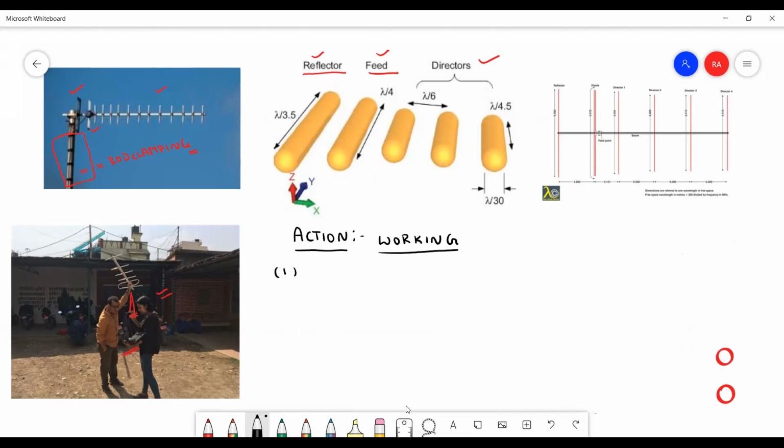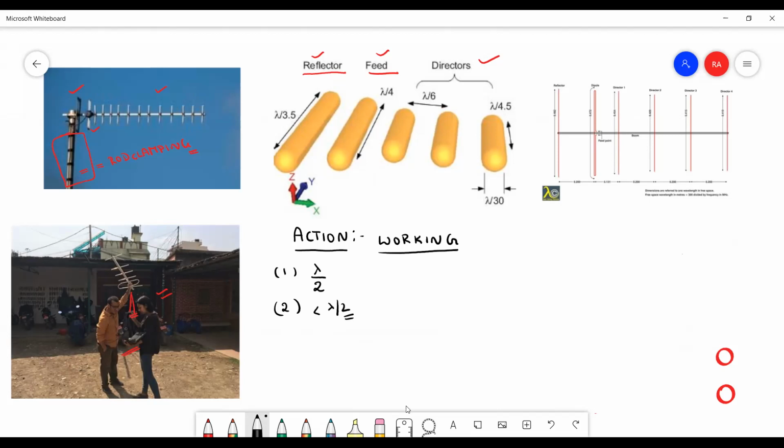A parasitic element of length equal to or greater than lambda by 2 will lag, hence the phase of the currents in the former case will lag the induced voltage, whereas in the latter case they will lead the induced voltage. So with proper spacing, dipoles shorter than lambda by 2 act as directors and the fields add.